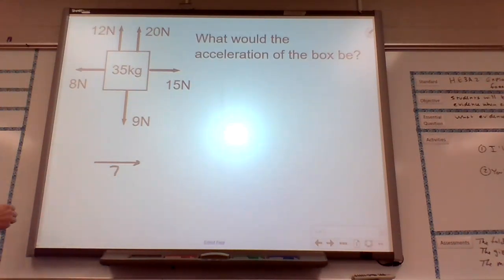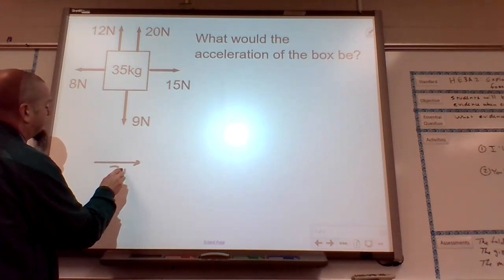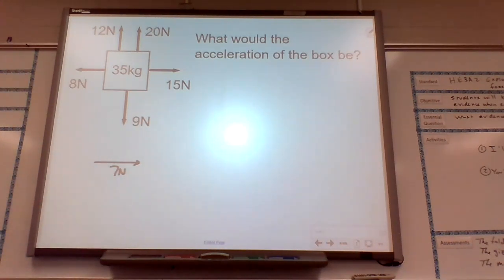My upside adds up to 32. My downside is 9. So I'm going to subtract those two, and I'm going to get an upward force of 23.